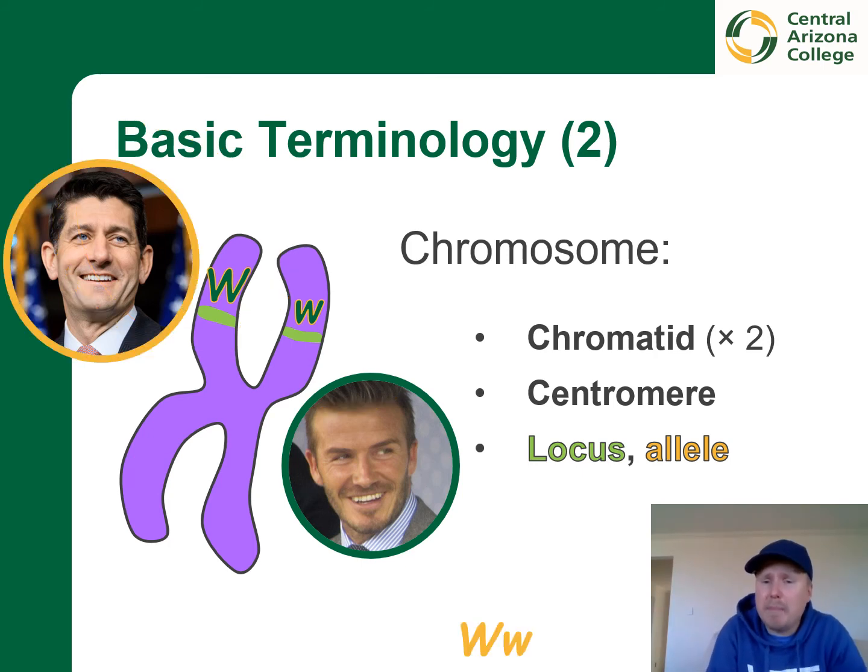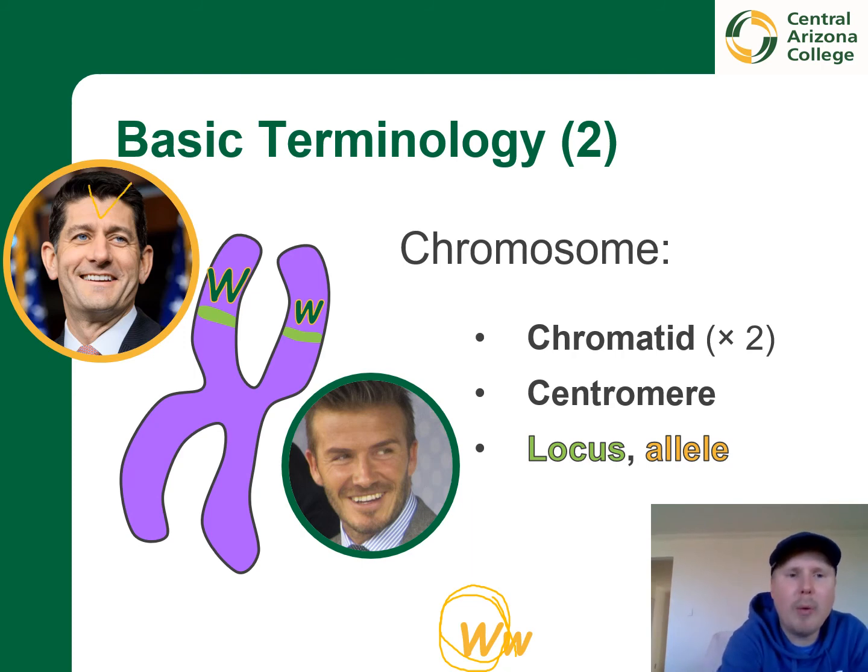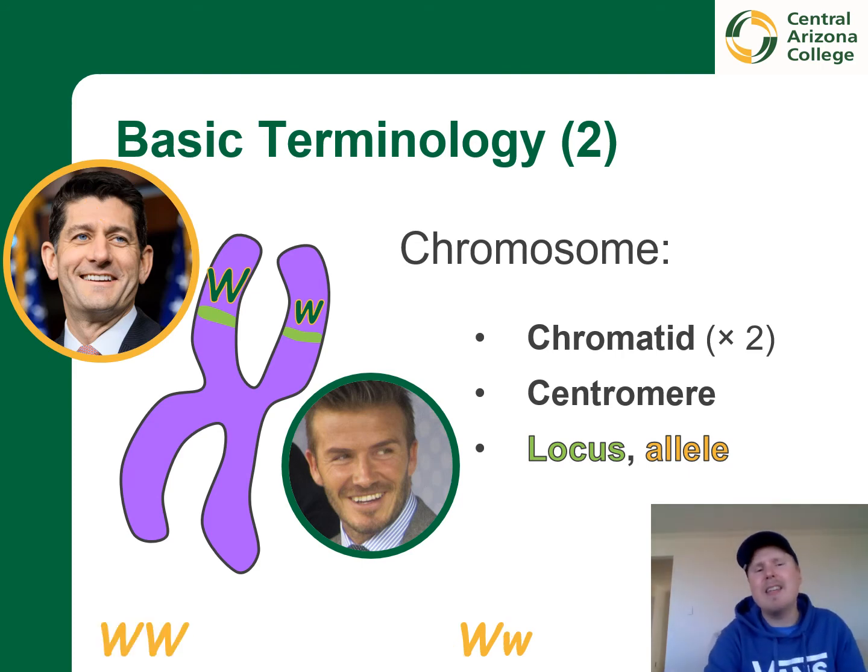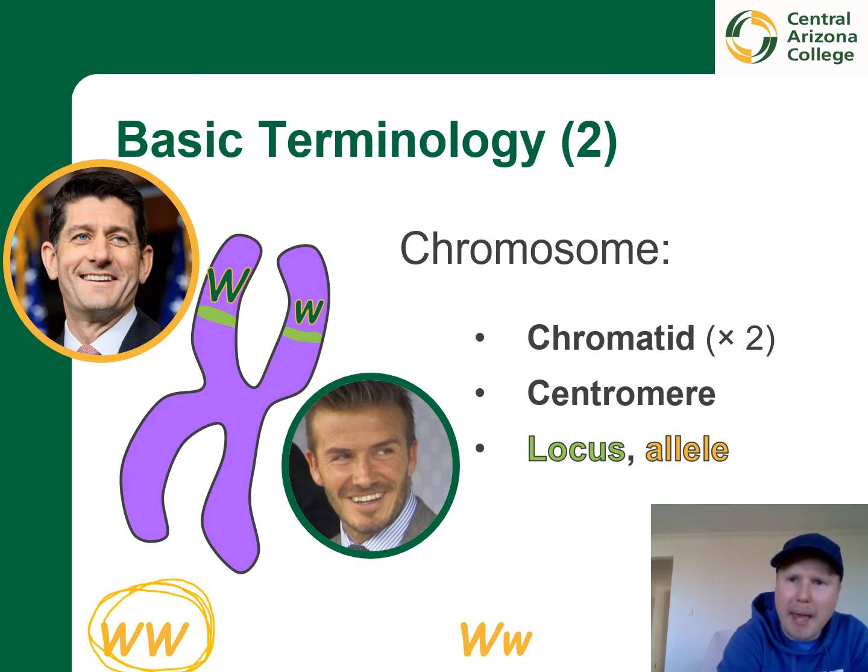Because the widow's peak is a dominant characteristic, if the offspring inherits even just one allele from either parent with a gene for the widow's peak, this individual will always have a widow's peak. The other way how this can happen is, of course, by inheriting an allele for the widow's peak from both parents.